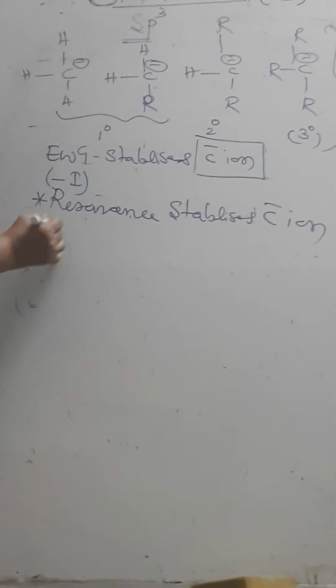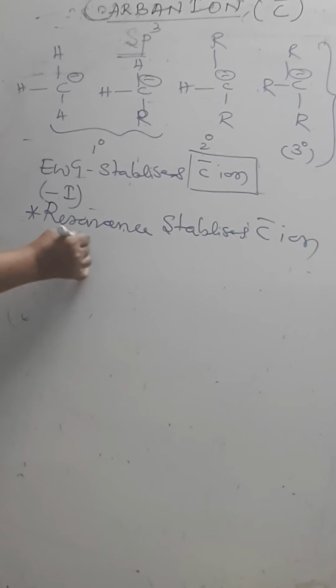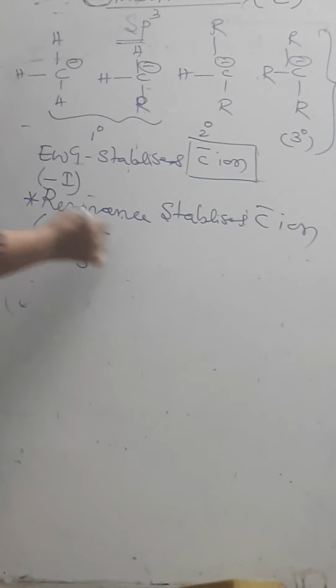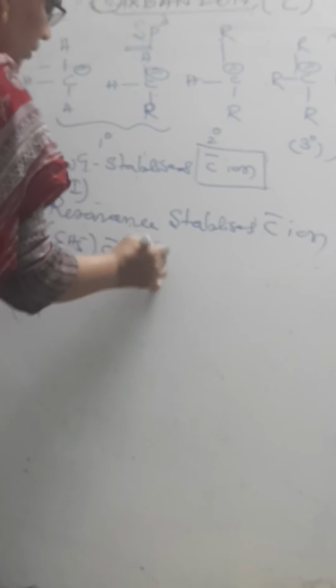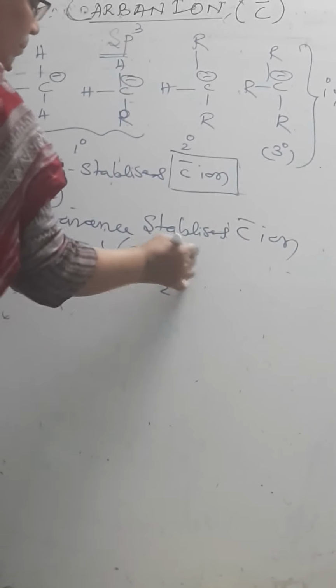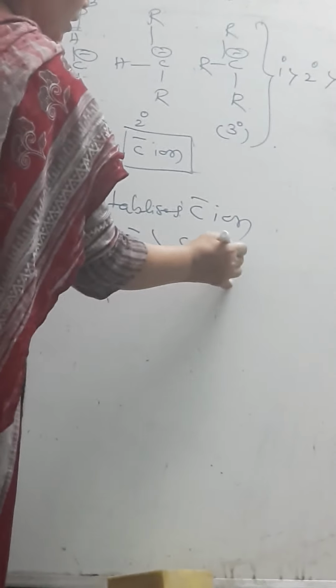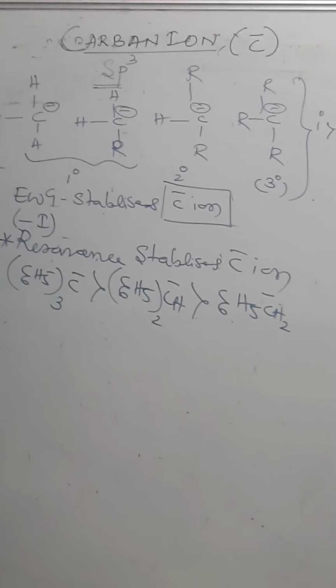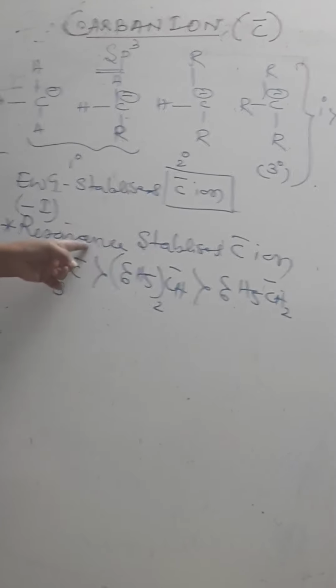Whereas in case of resonance, already seen. Triphenyl carbanion is more stable than, what, tell me? Diphenyl carbanion. Than what, tell me? Benzyl carbanion.